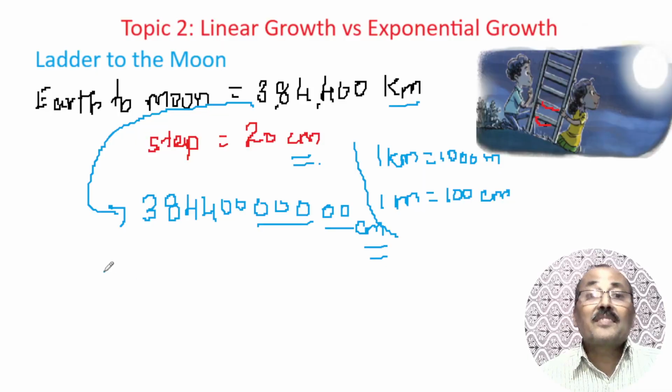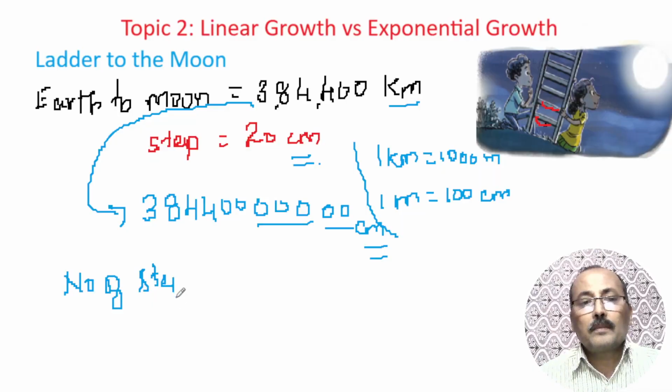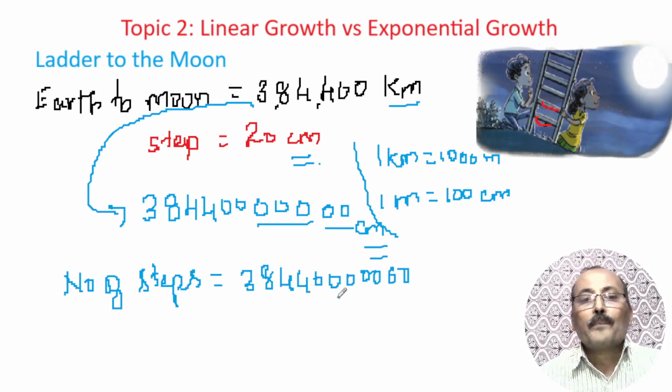How many steps? How many steps means we have to divide it. Number of steps is equal to this. You have to write it fully: 3 8 4 4 0 0 0 0 0 0 0 like that. Previously they gave 2, I added 3, and again 2 by 20.